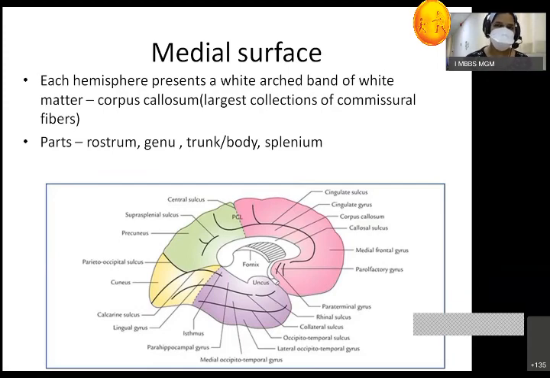If the corpus callosum is damaged due to an accident or some dysgenesis or rare genetic syndromes, and it is not there, then the adults might have problems during development. There might be some seizures, and information going from right to left will be problematic. So this is called dysgenesis.